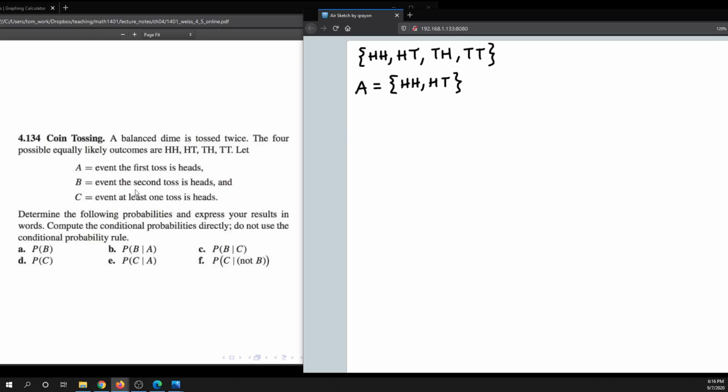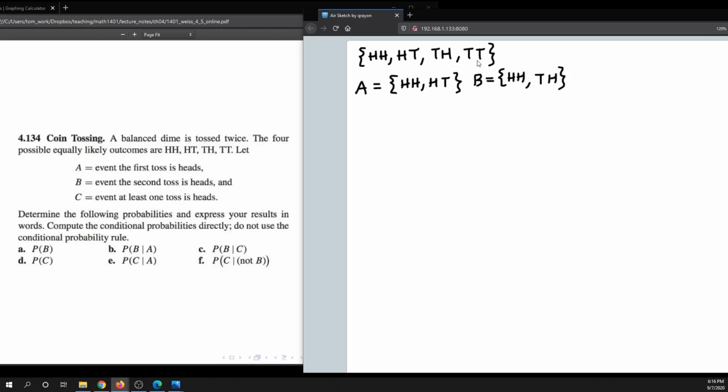Event B is the event that the second toss is a head. Looking through our sample space, we can see the second toss is a head, so HH is in there. And tails heads, TH, would be another element of B. So we could write that out.